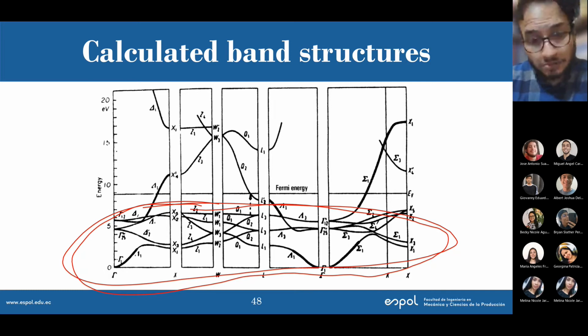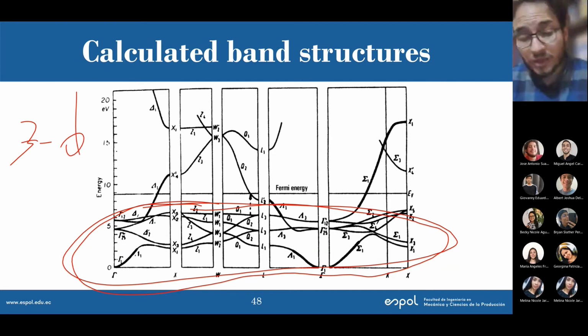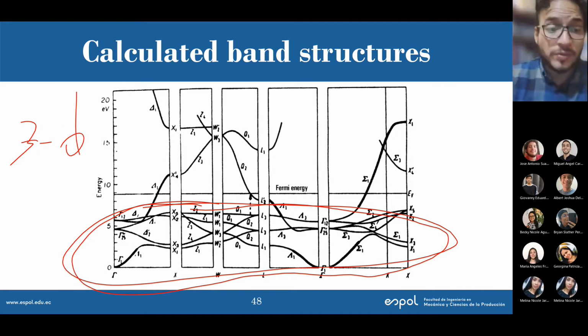Why is that? Well, that's just the electron configuration of the material. If you remember, in copper you have 3d bands, right? You guys can look at the electronic configuration of copper. You have the 3d level in copper.